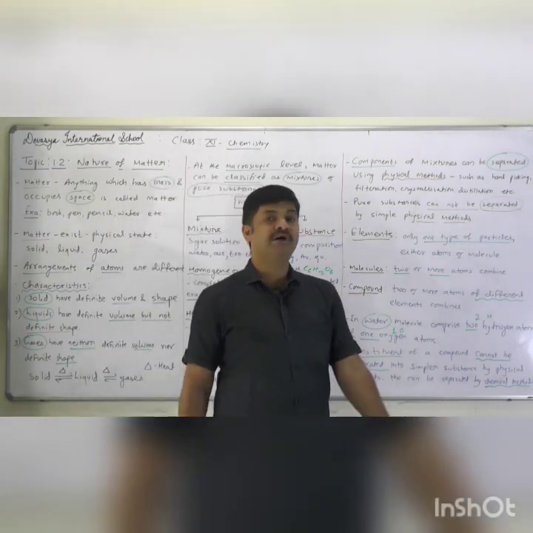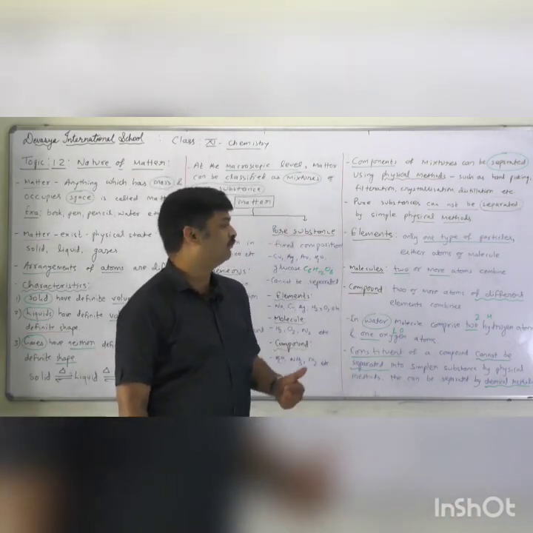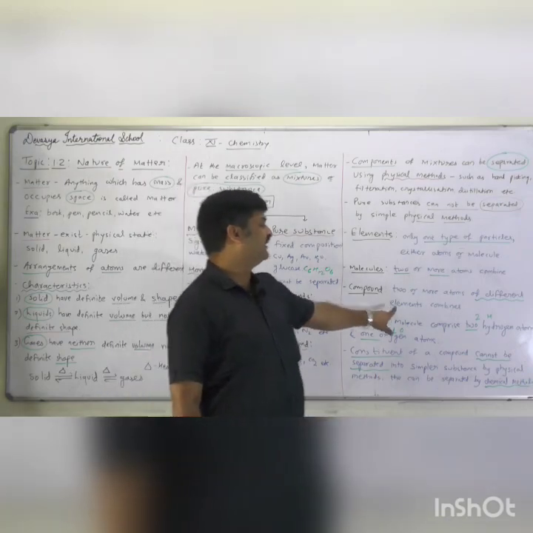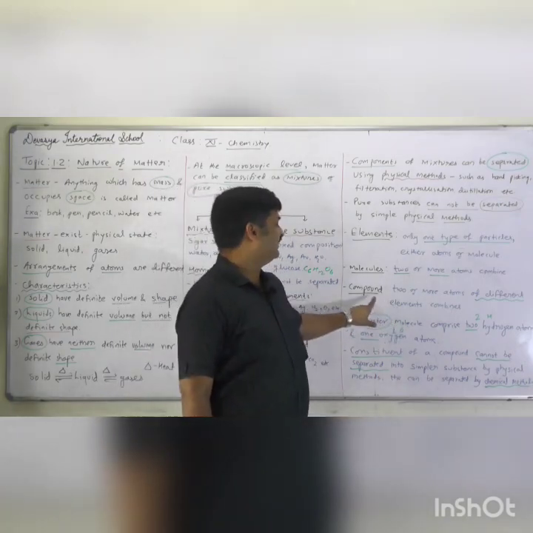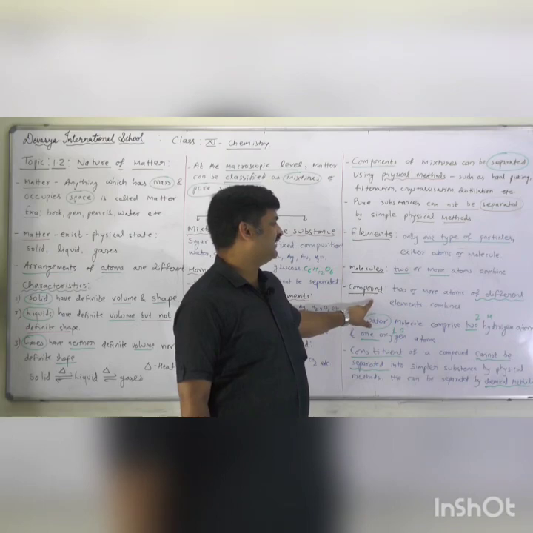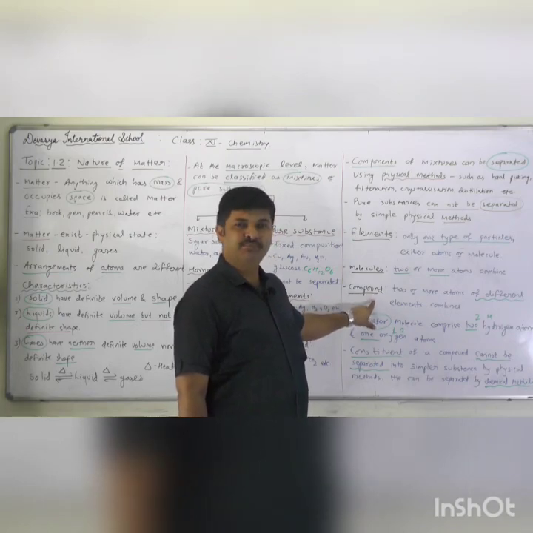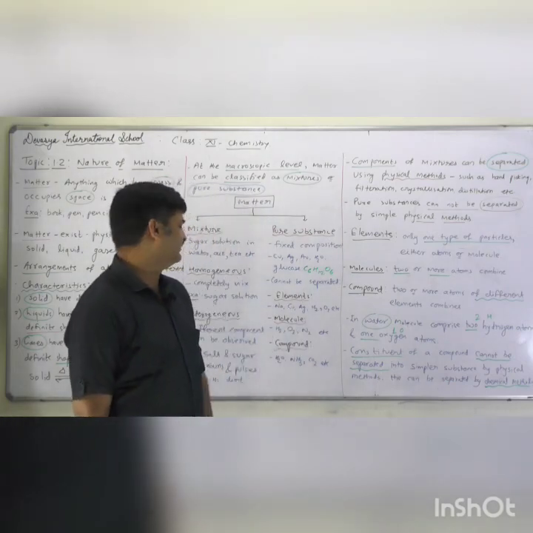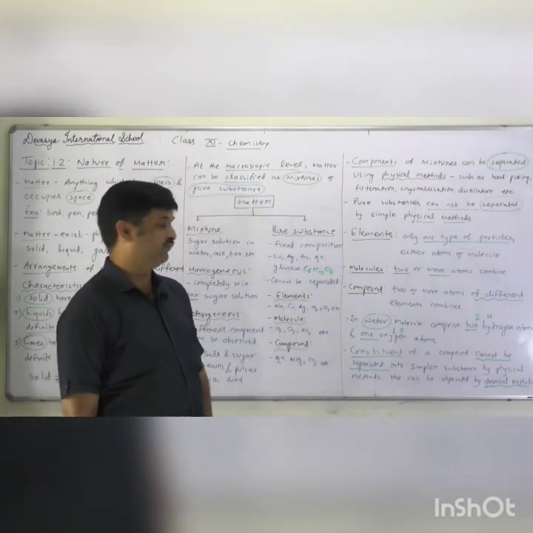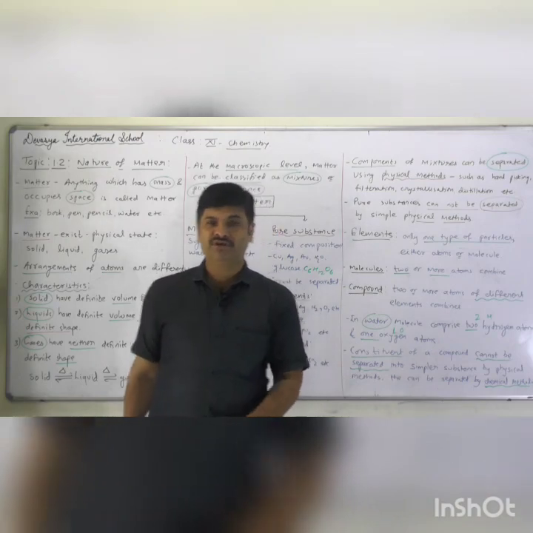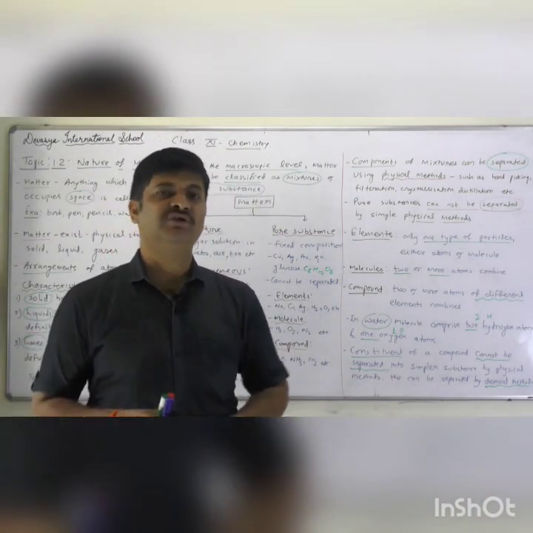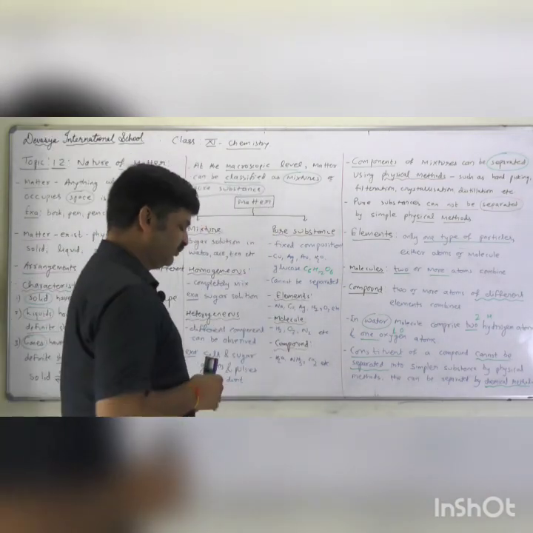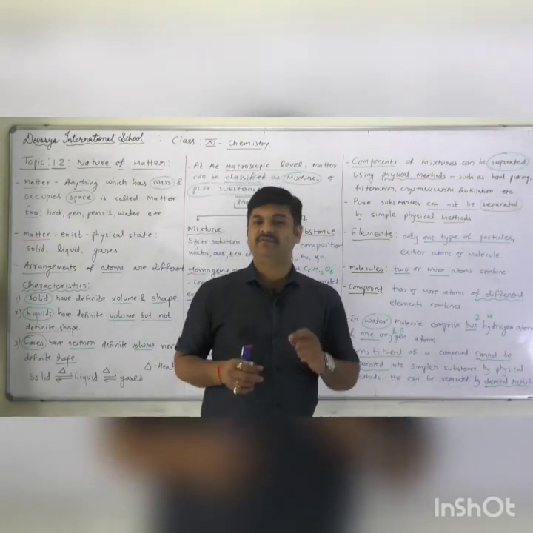Similarly in case of a compound, two or more atoms of different elements will combine. Here the word different is important. Now in a water molecule, always one thing will be fixed.